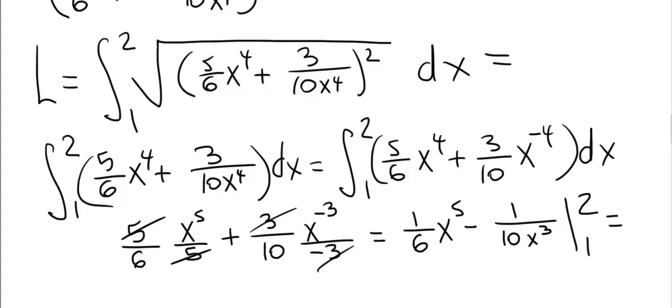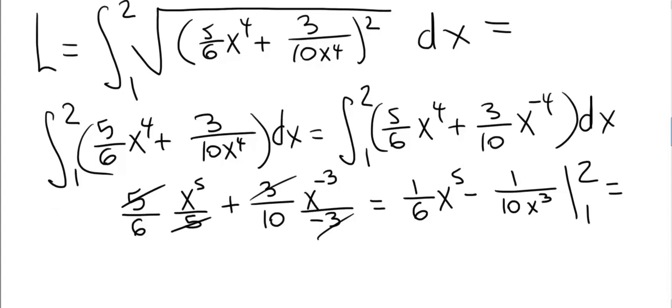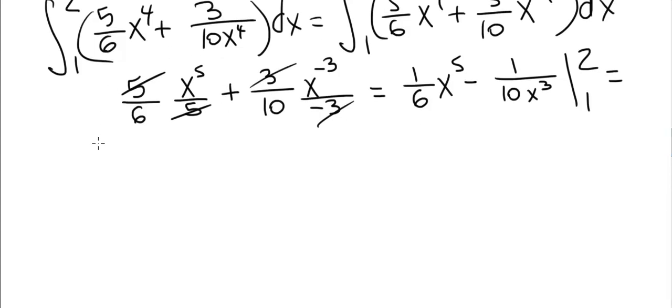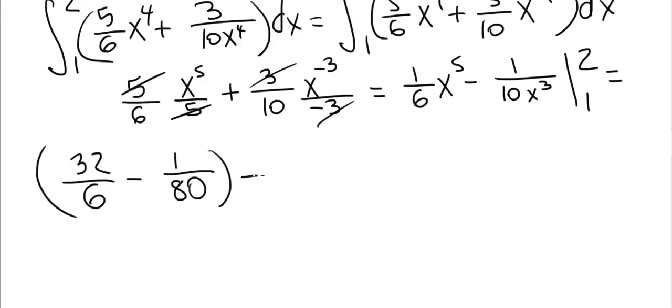Let's go ahead and do that. Plugging in 2 for x first, we get 32 divided by 6 minus 1 divided by 80. And then minus, plugging 1 in, that's 1 over 6 and minus 1 divided by 10.